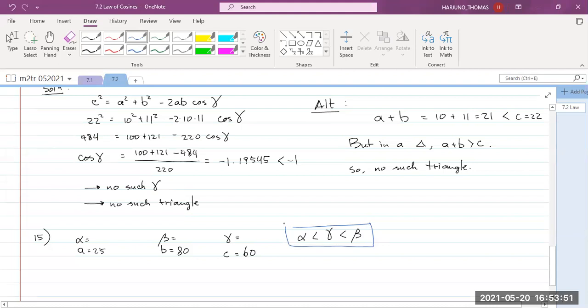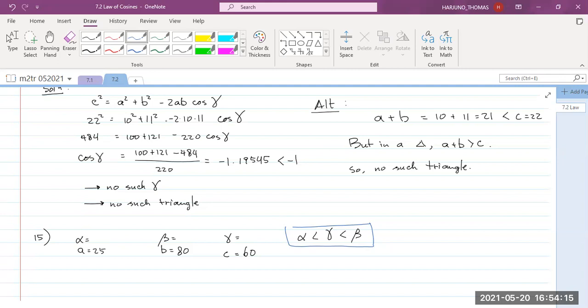If I need to find all alpha, beta, gamma, which path will help me find the angles such that I don't need to deal with ambiguity later on? Okay, so I will find gamma first.